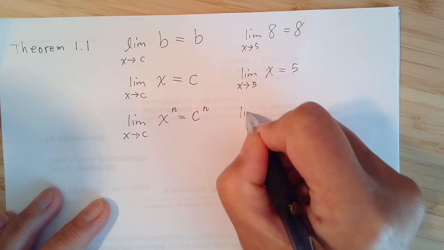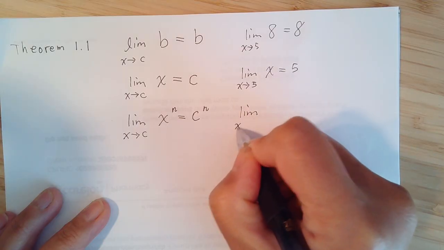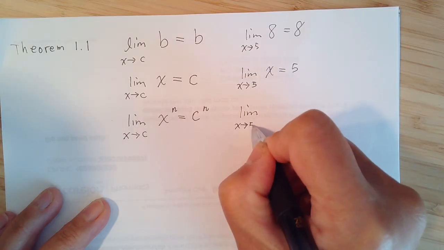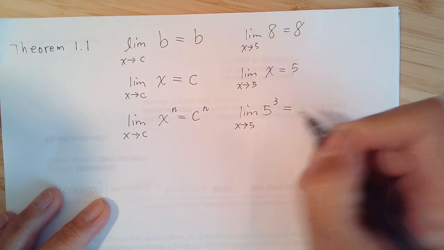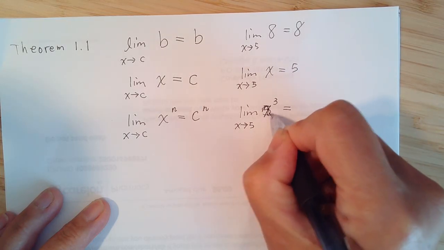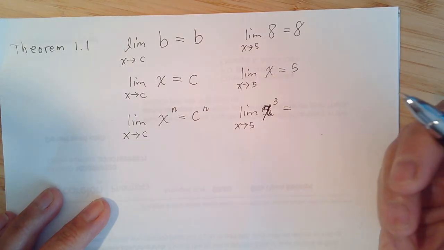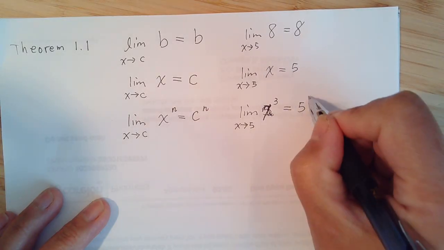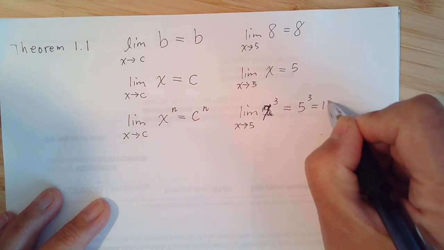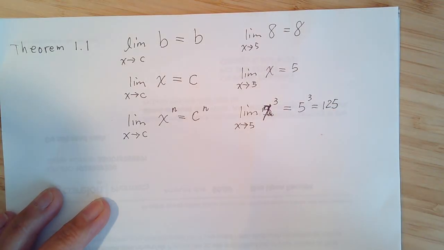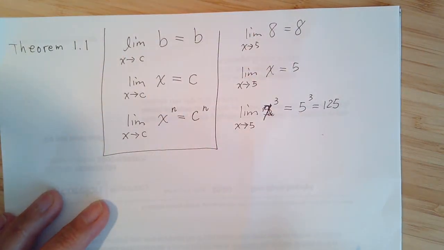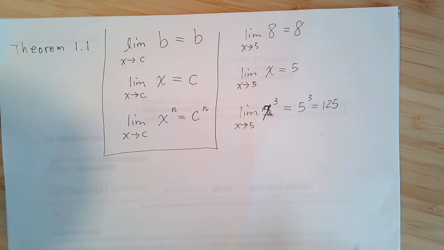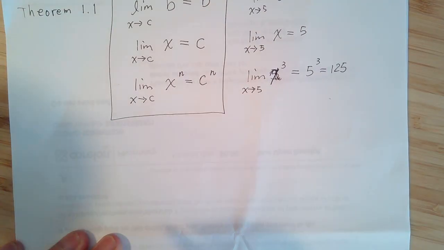The third one, when x approaches 5 of x to the third, that would be just 5 to the third, which is 125. Do you think that's obvious? I think so too. This is the first theorem.